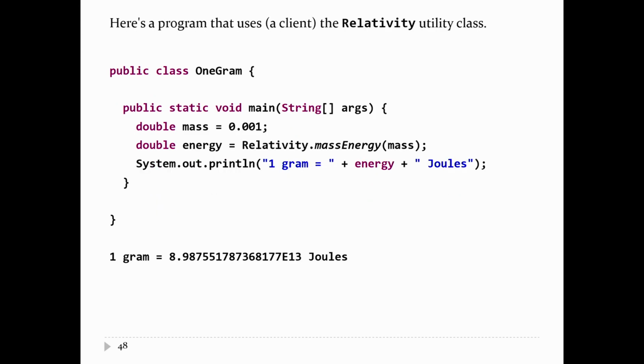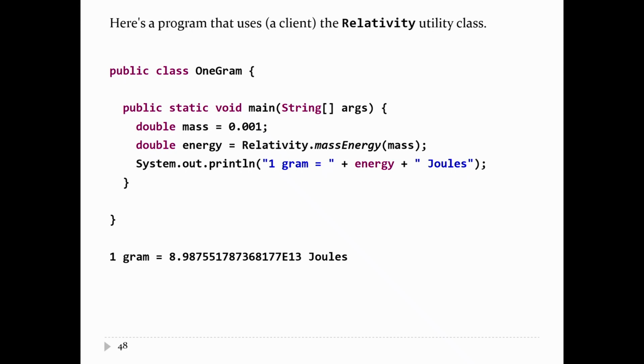If you wanted to use the Relativity class somewhere else, say in some other class called OneGram in this case, you just use the name of the class. So it's just Relativity.massEnergy, or Relativity.C if you wanted to use the field C. This main method computes the amount of energy equivalent to 1 gram of mass.